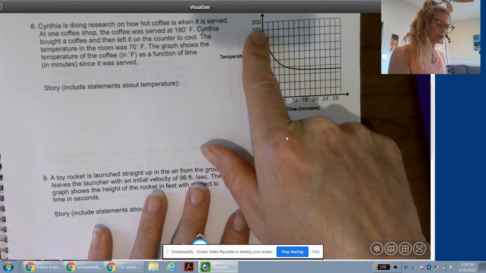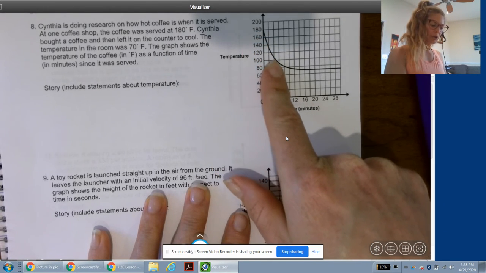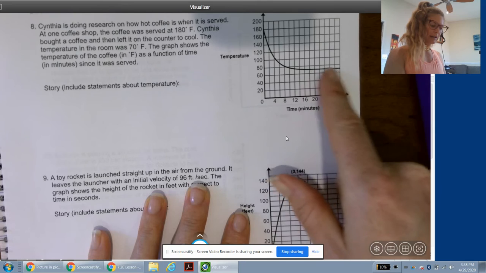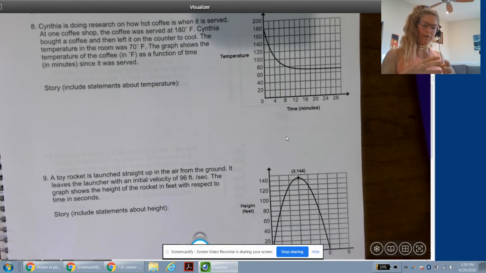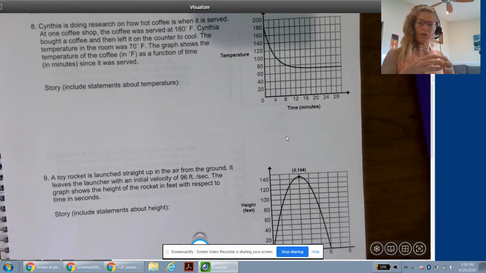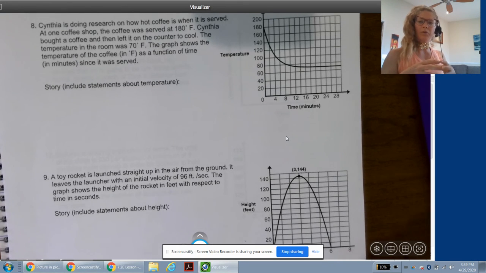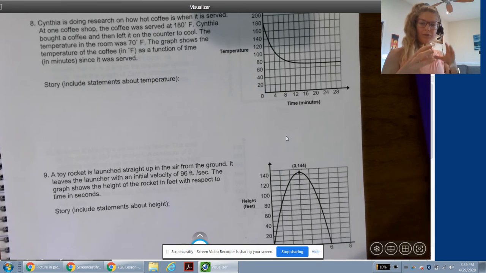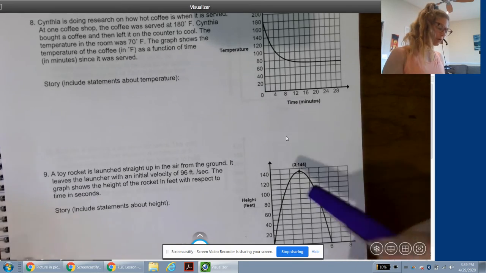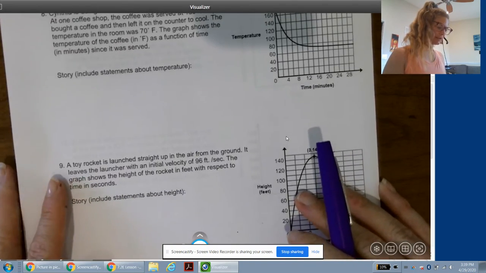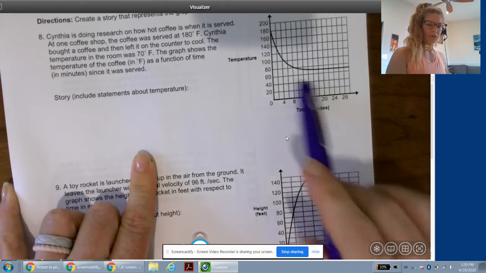So notice this is the initial temperature, and it's going to cool down and then kind of level out at room temperature, because if you have a drink, it can't get colder than it is in the room or necessarily hotter than it is in the room, because it's going to just kind of balance out to that ambient temperature. So we're going to include statements about the temperature just from this graph.